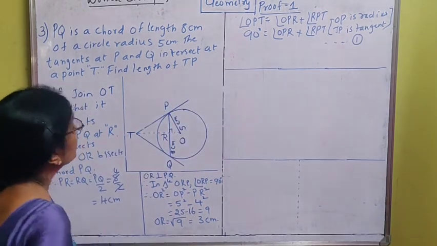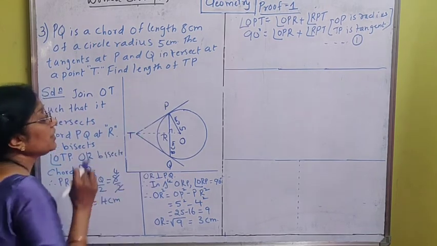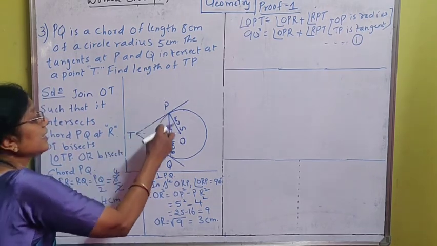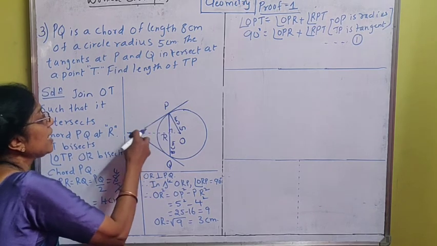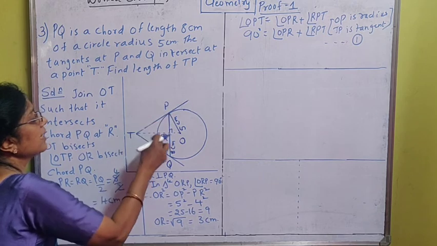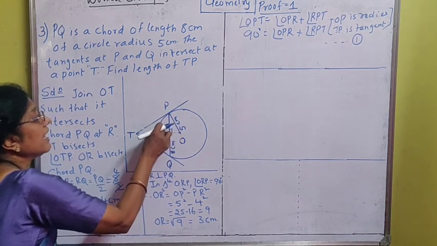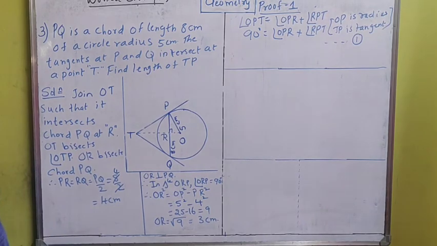Now let us go to the next triangle, that is triangle PRT. In triangle PRT, angle PRT is 90 degree, because angle ORP plus angle PRT is a linear pair. If this is 90 degree, then angle PRT will also be 90 degree.